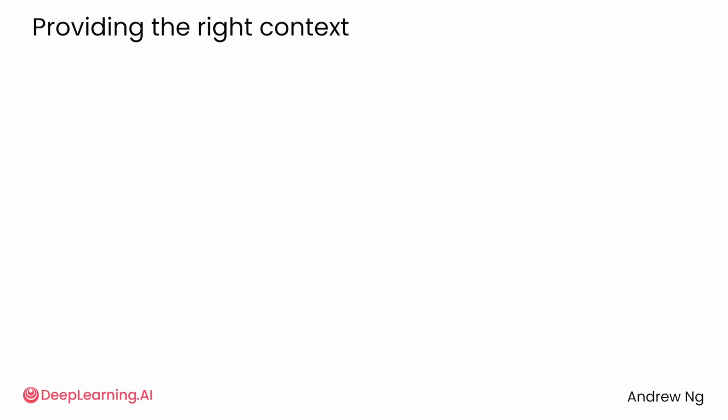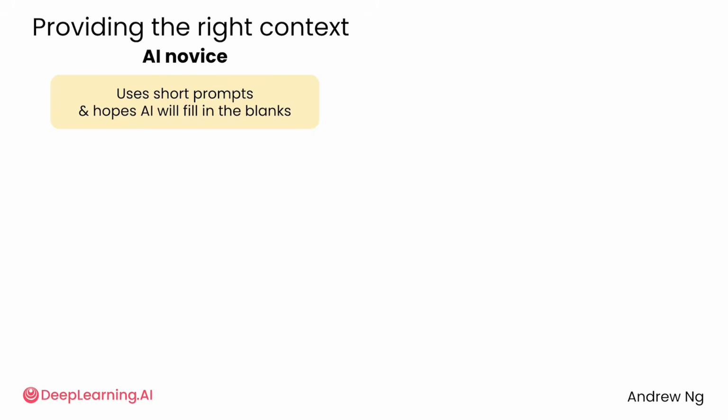Another example, AI power users have learned to provide the right context or the right background information to the AI to set it up for successfully answering your question. In contrast, I see some AI novices use a short prompt and hope the AI will fill in the blanks.